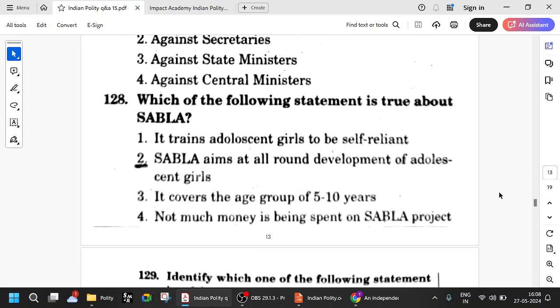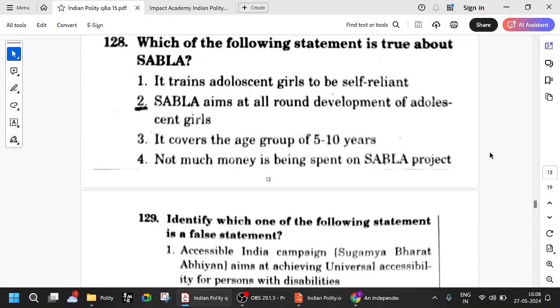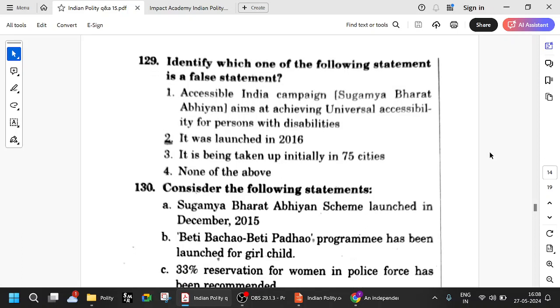So which of the following statements is true about Sabla? Sabla aims at all-round development of adolescent girls. The name itself suggests adolescent girls' all-round development. So this is true about Sabla. Now identify which of the following statements is false. Accessible India Campaign, Sugamya Bharat Abhiyan, aims at achieving universal accessibility for persons with disabilities.